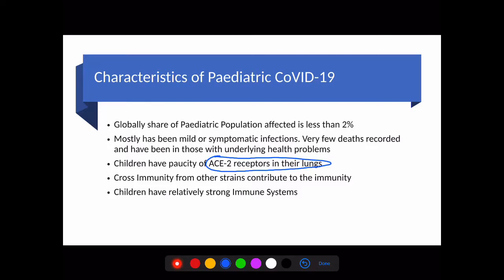So the majority of them would get a mild illness or maybe even be asymptomatic. And in the current pandemic we have seen that the global share of the pediatric population affected is less than 2%. And even among those affected, the overall mortality in the pediatric population is very low.